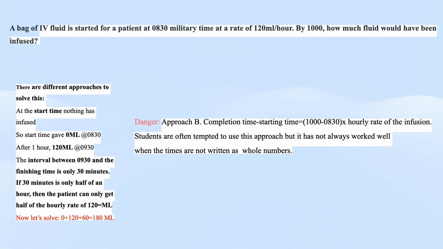But when you have this 0830, the time ending in minutes, like 45 minutes, 25 minutes, it makes this kind of approach dangerous to take. All right, make it simple for yourself. Start with the starting time with 0 infusion, and then take every hour from there, paying close attention to the ending time so you can make any adjustment to the infusion rate as needed.